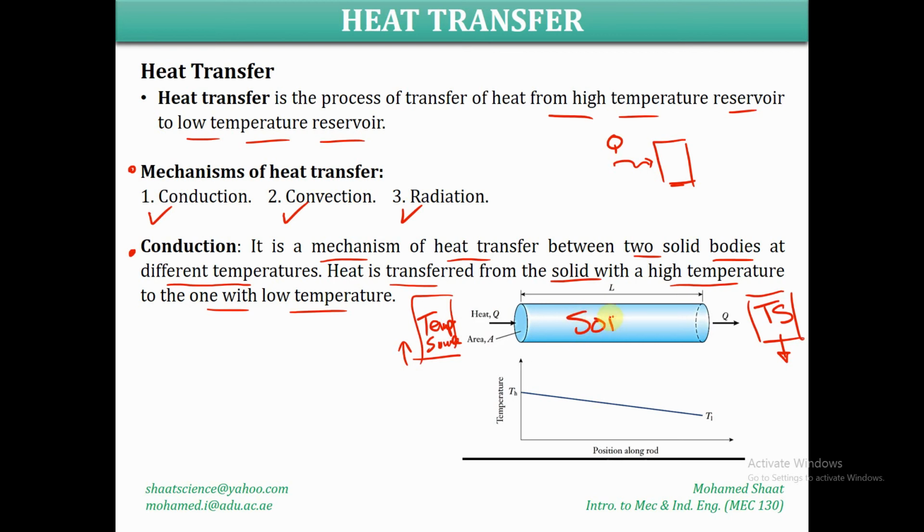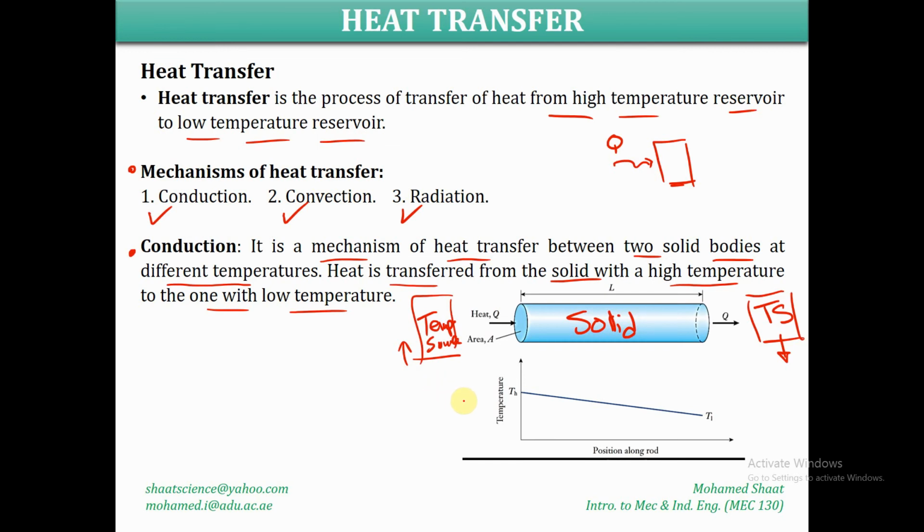This is the condition for heat transfer by conduction. This requires a medium, a bridge to allow for the transfer of the heat from the high temperature source to the low temperature source. In case this bridge or medium is a solid, the mechanism by which the heat is going to transfer will be conduction.